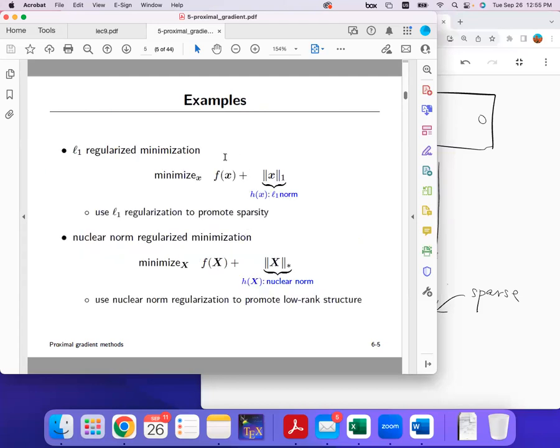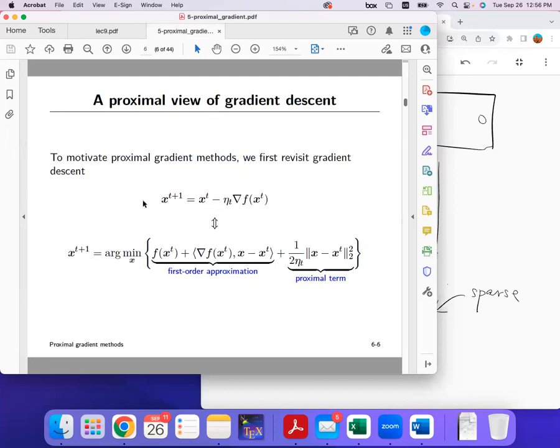Now, gradient descent, in the previous lectures we focused on this simpler problem, right? Minimize a single objective function f(x), and f(x) is differentiable, smooth and convex. Very nice structure. So we can do this gradient descent method.